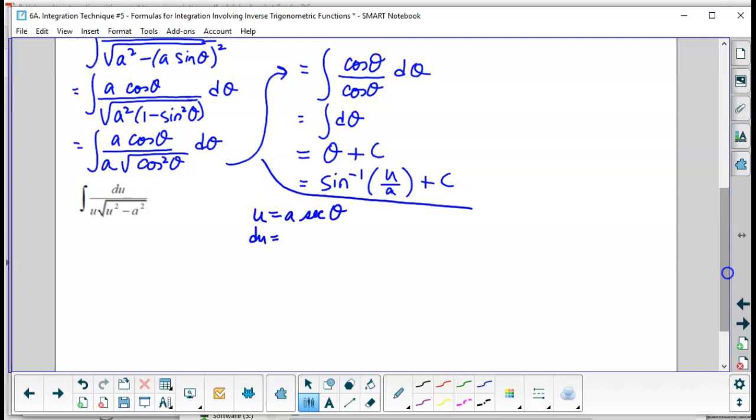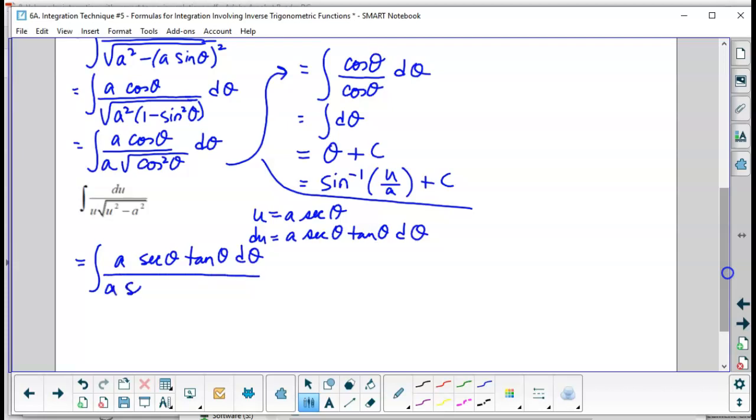So du equals a tan squared, sorry, not tan squared, secant theta tan theta. Okay. So du is a secant theta tan theta d theta.